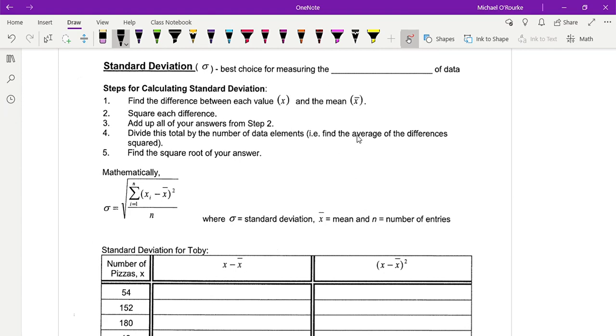I'll write in here and then I'll fill in a little top here. So standard deviation is the best choice for measuring the consistency of data. I'll write in here also the little side note.